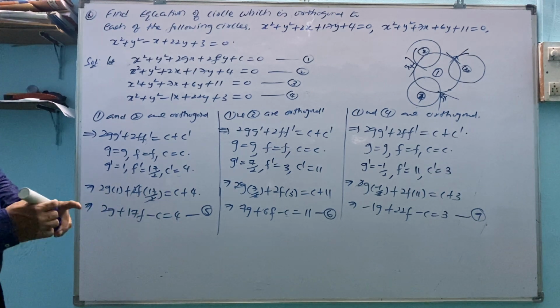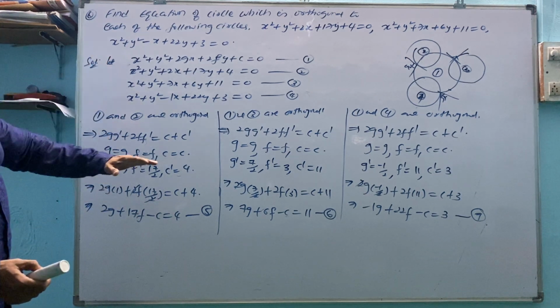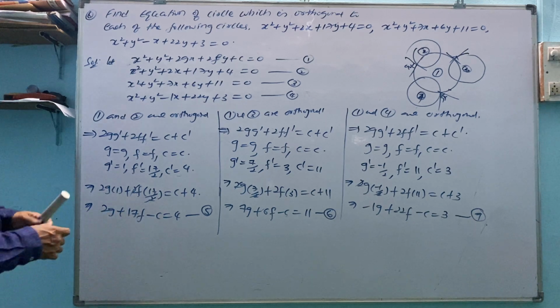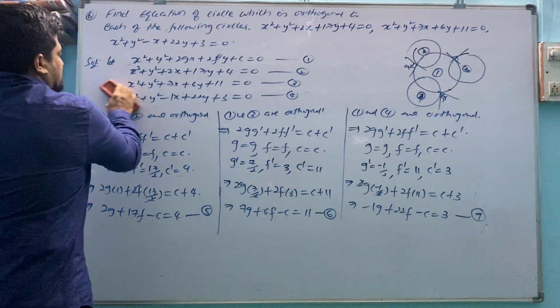Once we have 3 equations, we have to solve the 3 equations in order to get the values of g, f and c. So subtraction we have to do.